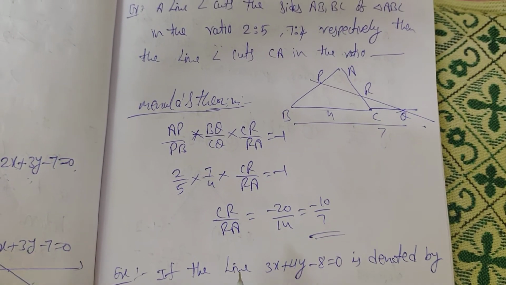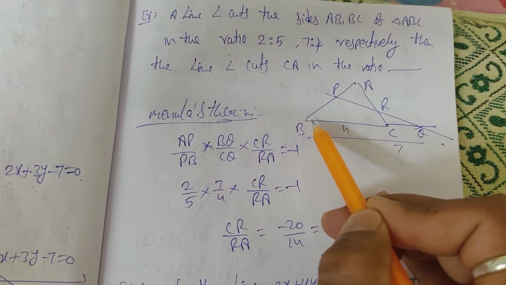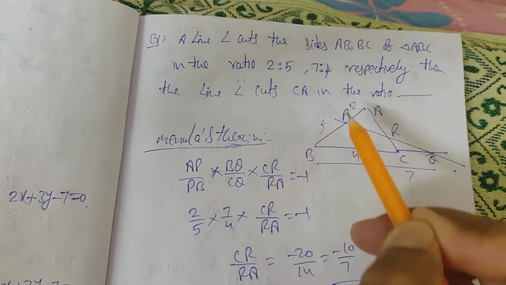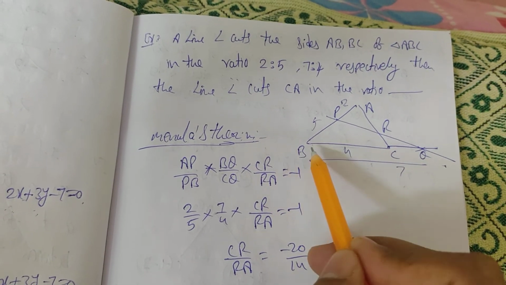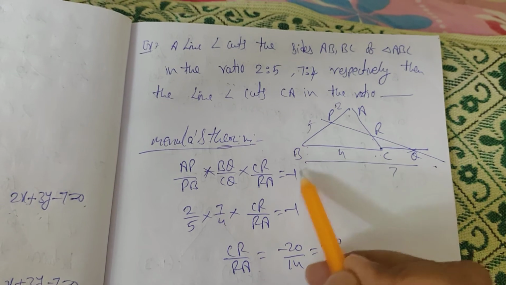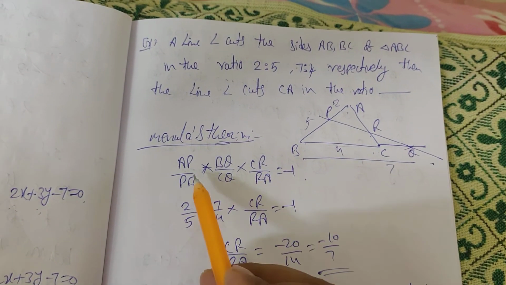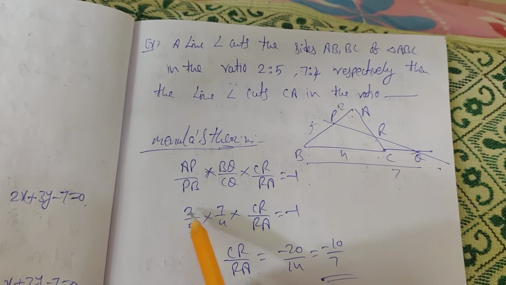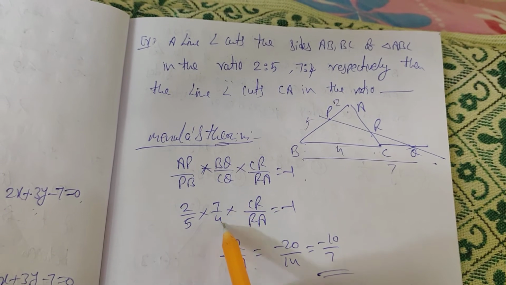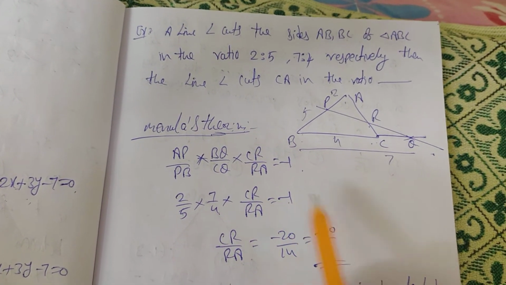So what is the formula according to Menelaus's theorem? AP by PB, AP they gave as 2:5 ratio. So AP by PB into BQ by CQ into CR by RA is equal to -1. We know that one. AP by PB means 2 by 5, BQ by CQ means 7 by 4, and CR by RA just write as it is, equal to -1.